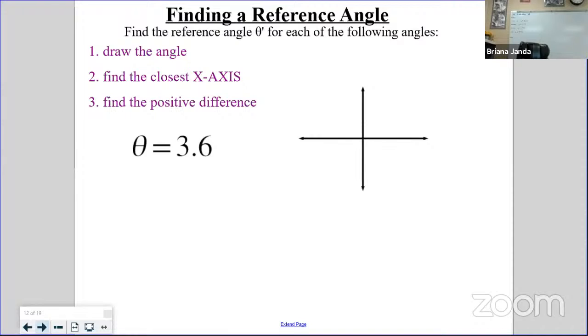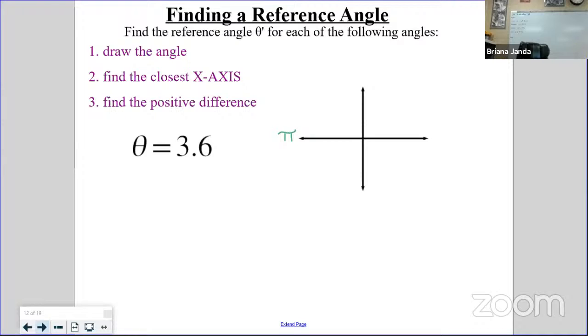But this is an angle that is in radians. How do I know that? I know that because it doesn't have a degree symbol after it. I know that seems a little whatever, but that's true. Okay, so I know it's in radians. Back when we learned about radians, I showed you what 1 radian looked like. It was an angle that opened up the length of 1 radius. And that's what led us to knowing that it took a little more than 3 of those angles to get half a circle, which we called pi.